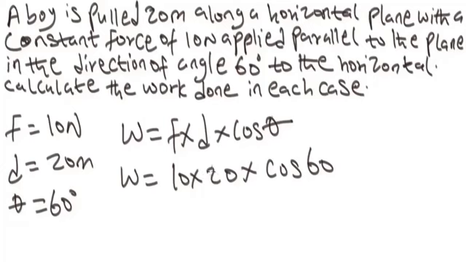So don't make the mistake of using cos when it's horizontal in place of sine when it's vertical. So don't make that unnecessary mistake. So let me punch this in my calculator. Work will be equal to 100, and work is measured in joules, so 100 joules. Alright, so let's wipe this and solve one more problem of work before we go to energy.